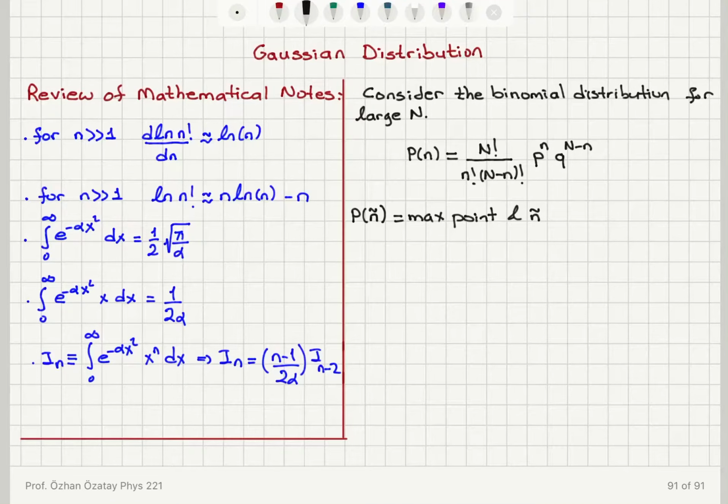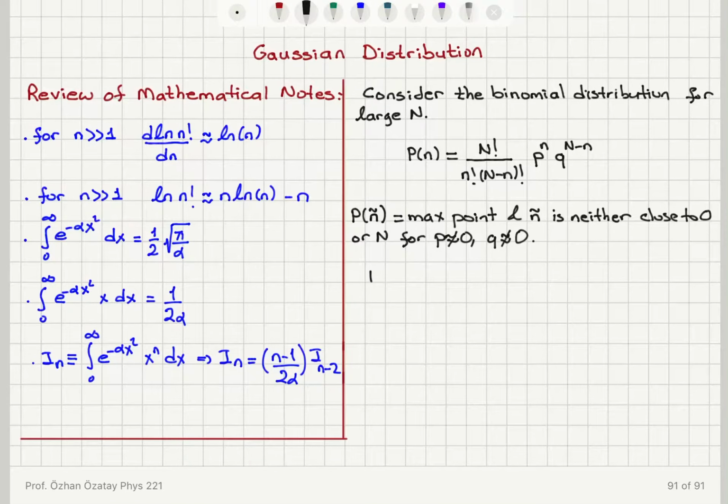If you remember, the way the binomial distribution behaves is neither close to 0 or capital N. So it is far from the endpoints of the distribution, and this is going to be true as long as p is not equal to 0 and q is not equal to 0. So there is some finite probability of the two outcomes.